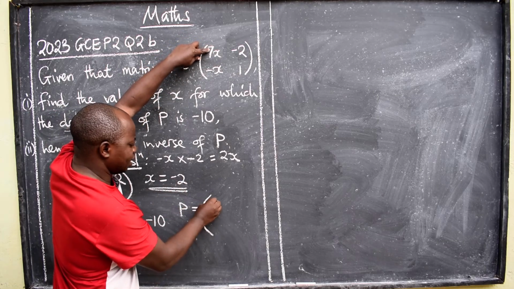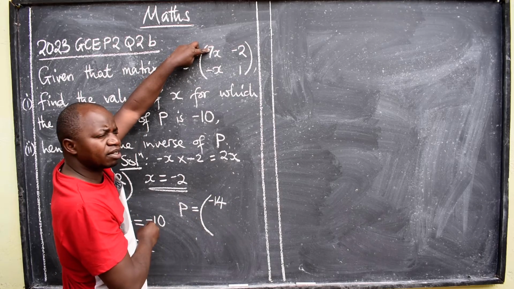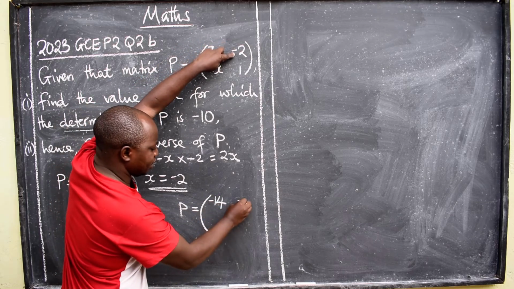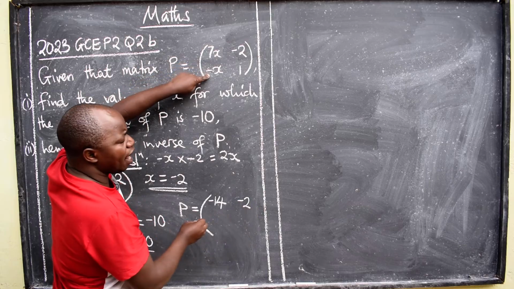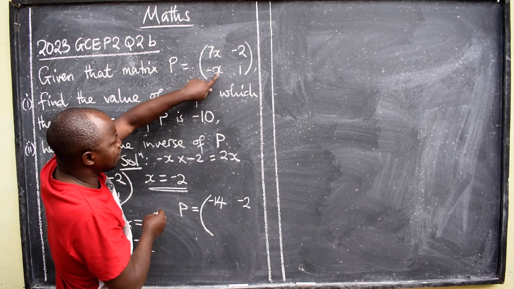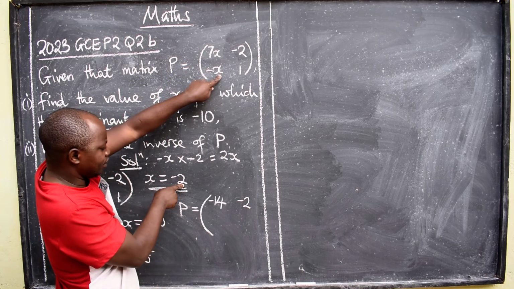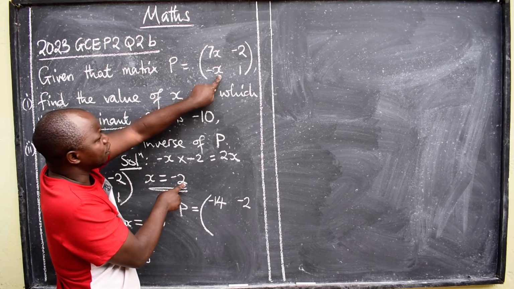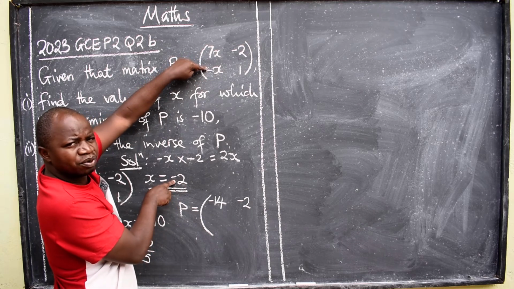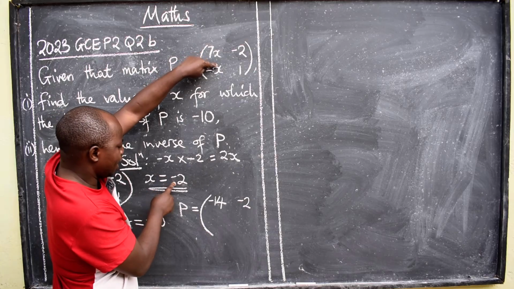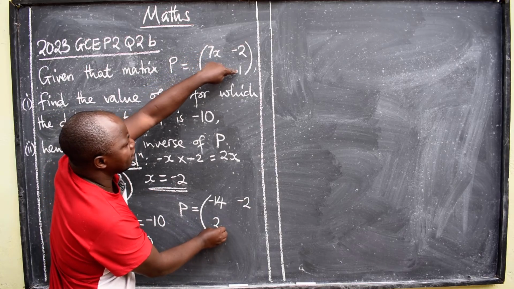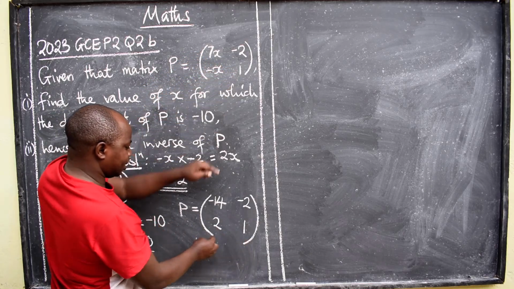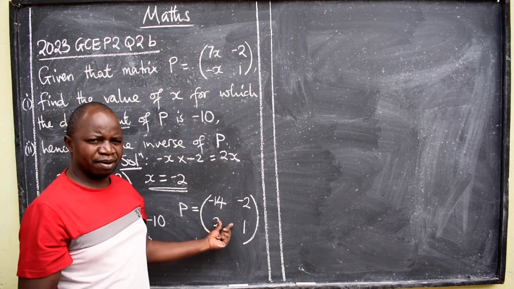This will give us negative 14. Then here we have negative 2. Here we have negative x. On x, we have negative 2. So negative negative will turn into positive. So here I'll have a 2, then 1. This is now matrix P.